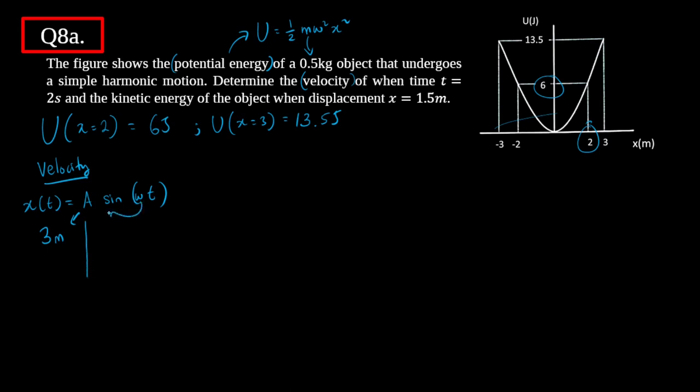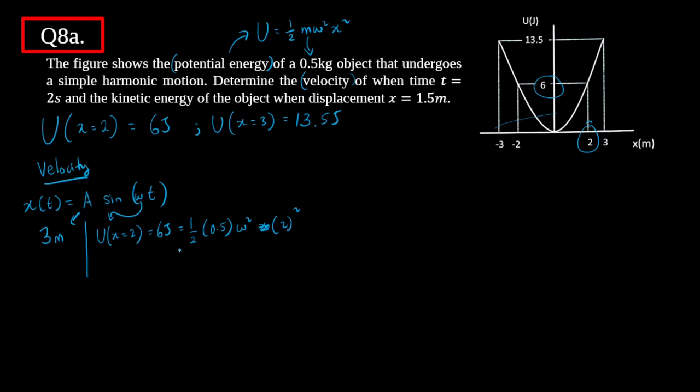For omega, I can use U when x equals to 2, which is equals to 6 joules. And that is going to equal to half, and then mass, so 0.5, then omega squared, and then of course I'll have x squared, and x squared here is going to be 2.